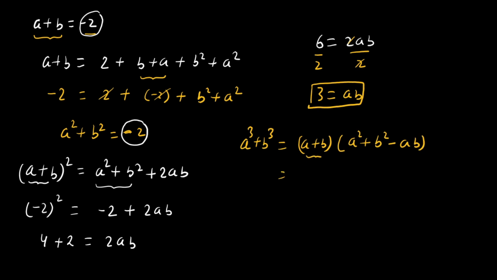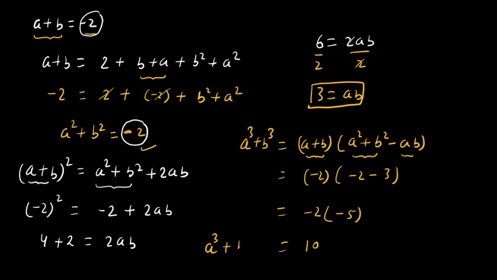We know that the value of a plus b is negative 2, the value of a² plus b² is negative 2, and a times b is 3. So here negative 2 minus 3, that is negative 5, and negative 2 times negative 5 is 10. So our value of a³ plus b³ is 10.